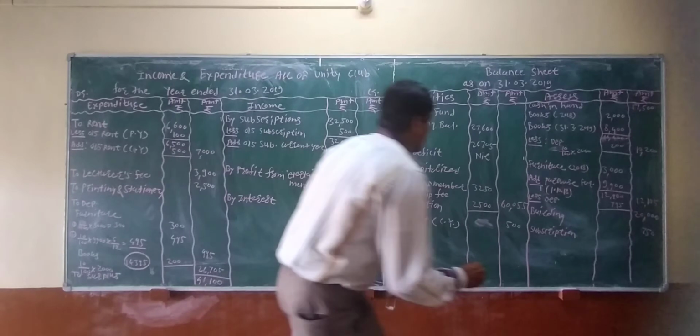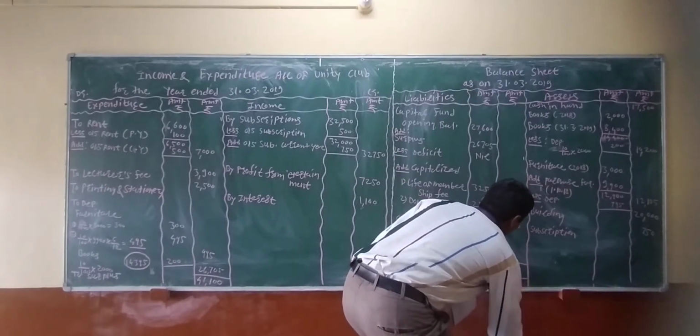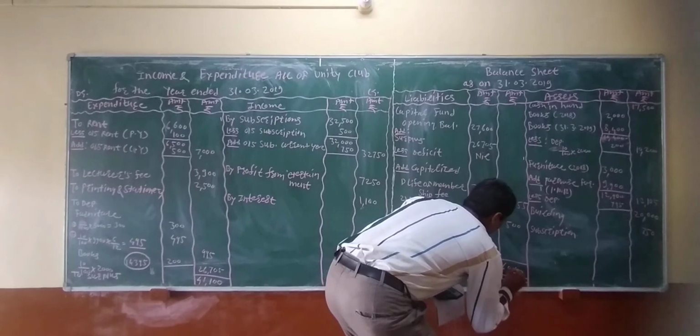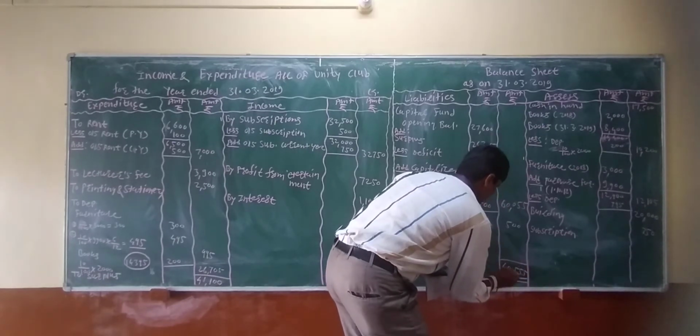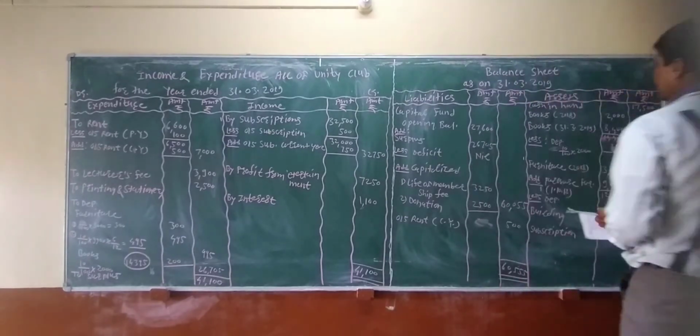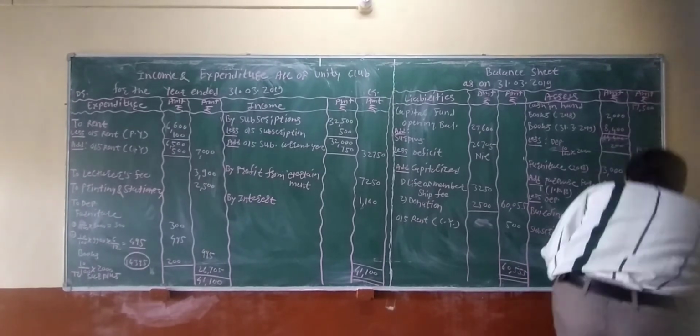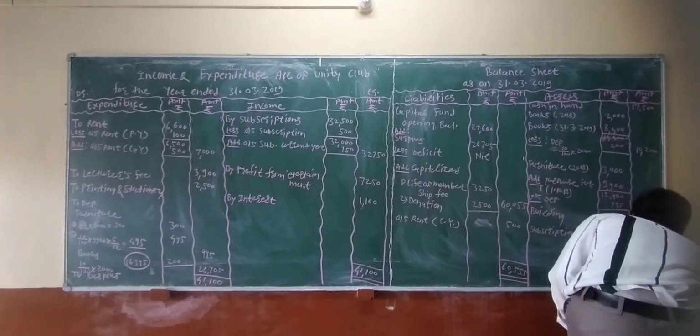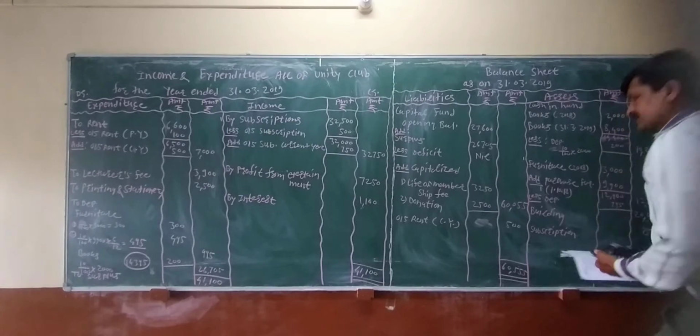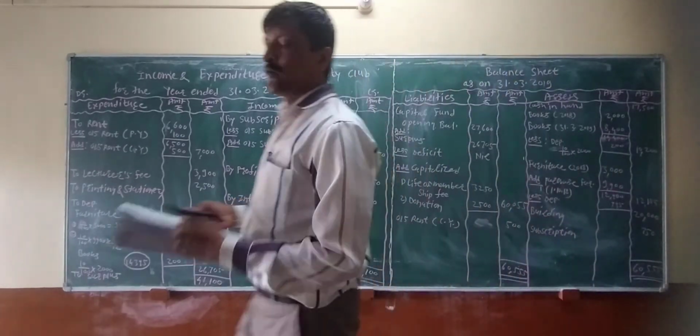Next, add 500 on the liability side, so the total is 60,555. Next, calculate the asset side: 17,500 plus 10,200 plus 12,105 plus 20,000 plus 750, so 60,555. That means our example is correct and tallies.